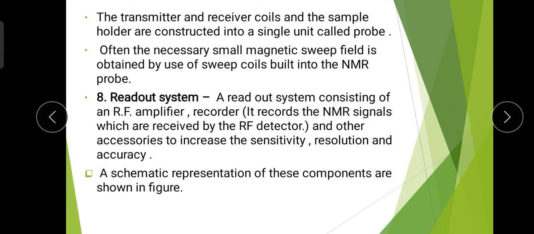That means the readout system consists of different parts, that is, a radio frequency amplifier and a recorder. The function of the recorder is that it records the NMR signals which are received by the RF detector. The RF detector detects this signal, and this signal is given to the recorder, and the recorder records that signal, and we get the actual spectra of the sample.